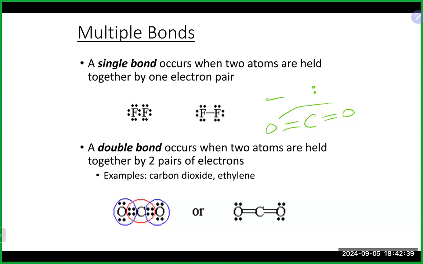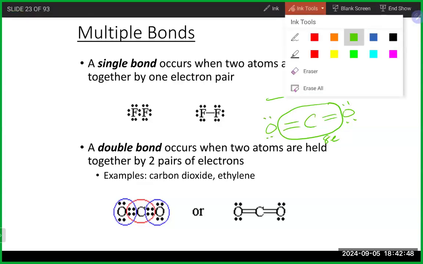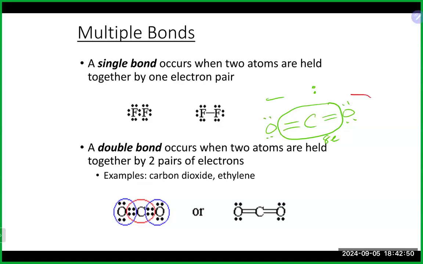The result of that is this carbon will now have 8 electrons, and each of the oxygens will also be able to achieve 8 electrons by sharing in a double bond fashion in this case. So a double bond can be represented as 2 lines, again sharing 2 pairs of electrons, which is a grand total of 4 electrons.